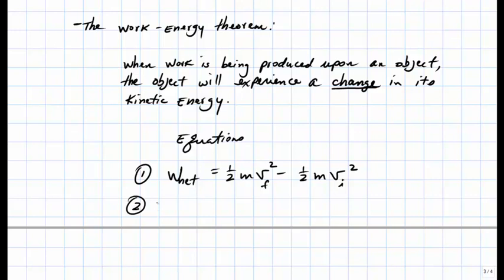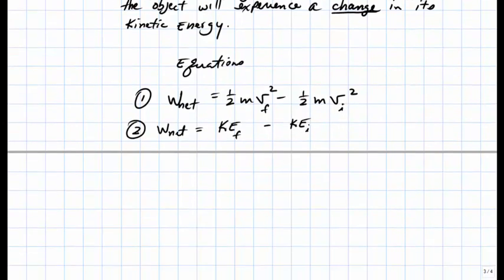The second form looks like this. The second form considers the fact that 1/2 mv final squared is just the final kinetic energy. So we can write it generally as KE final minus KE initial, which of course is represented by 1/2 mv initial squared.